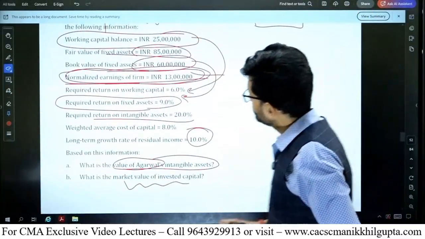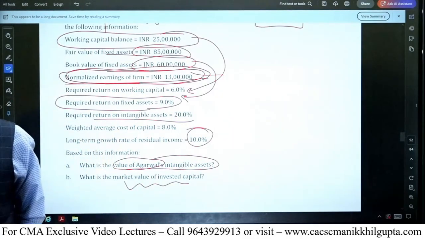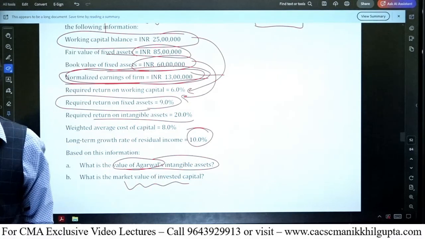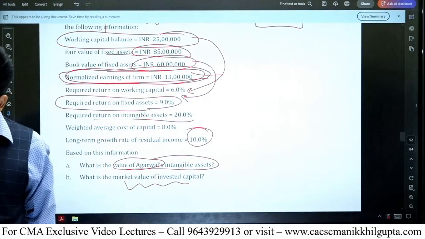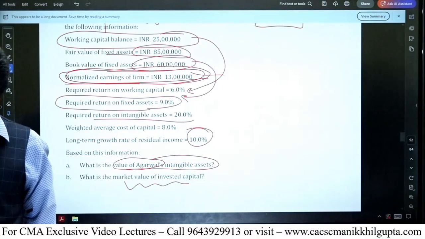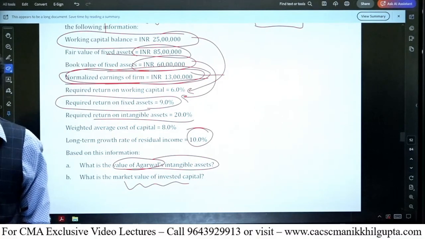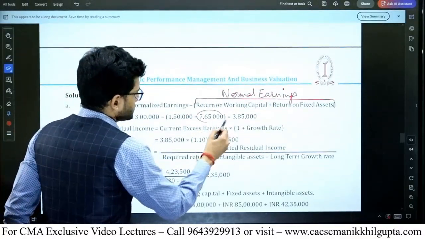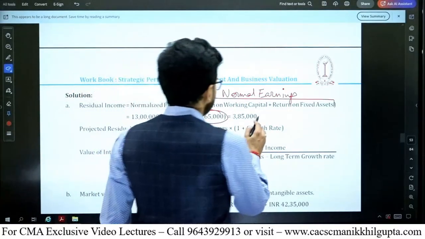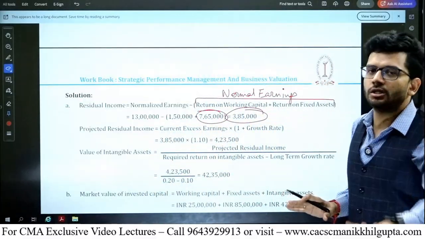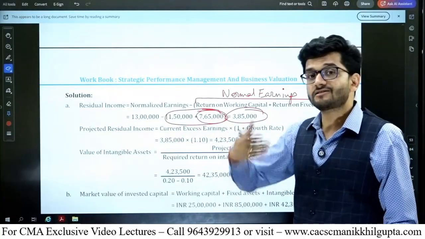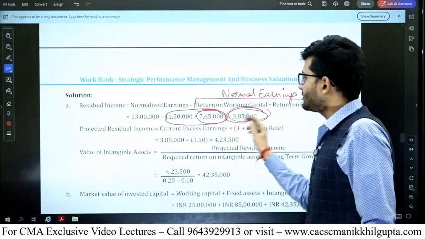So 9% is required to be taken. 85 lakhs multiplied by 9% is 7,65,000. This is the normal earning which this kind of business should earn. Total of these two is the normal earning which this kind of business should earn, but it is earning 30 lakhs, way beyond. This is the super profit.